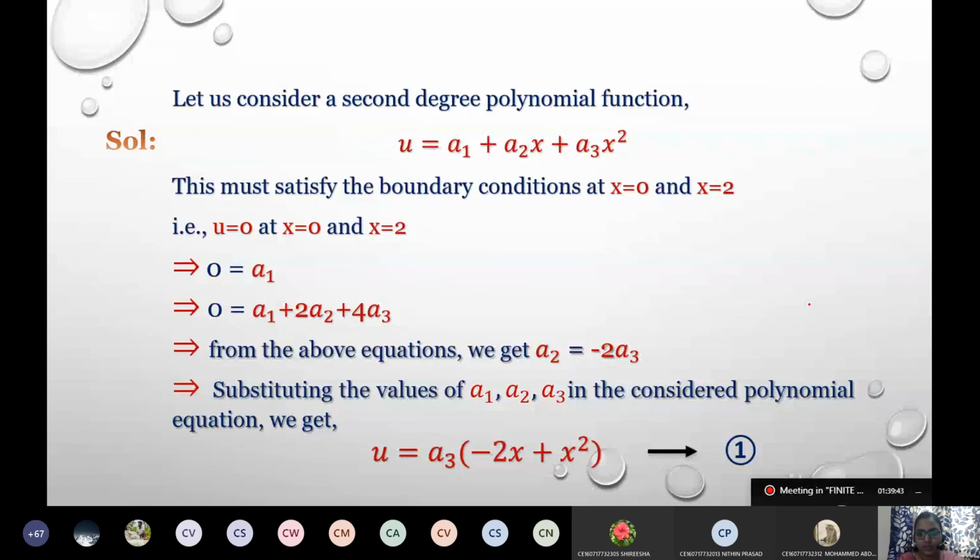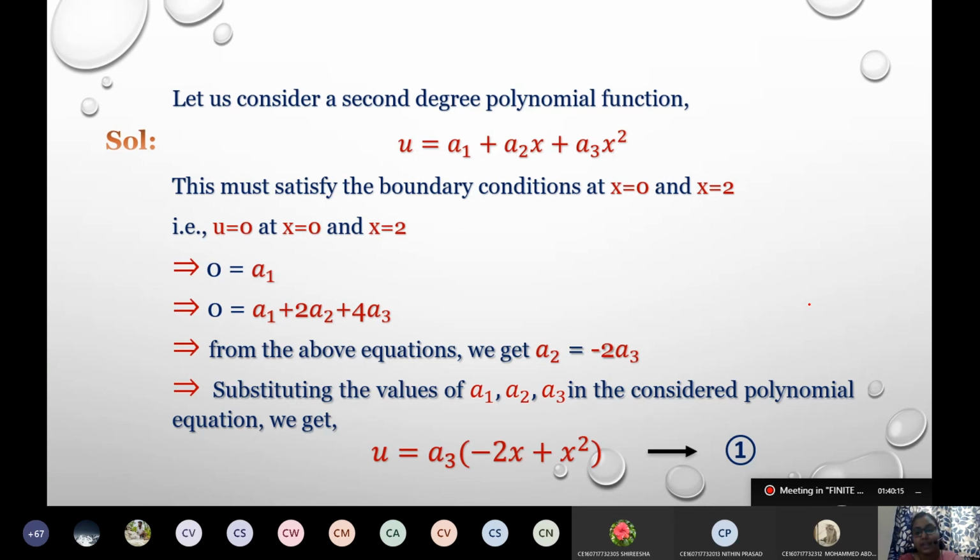Did you get the same one if you have substituted the values of a1 and a2 in the given equation? Guys, please respond. Yes, ma'am. We got the value of u in terms of a3 now. So let us take this equation as equation number 1.